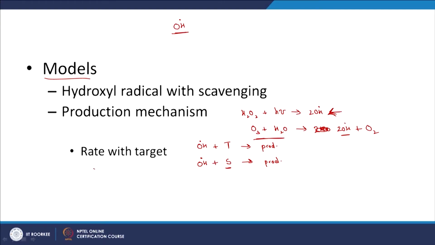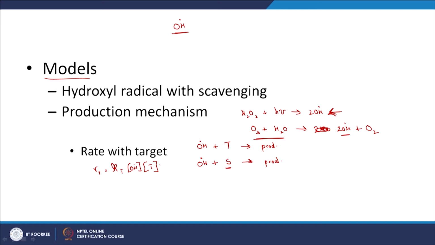Some of them would be with your target, which would be the reactions that you want to occur or promote. Some of them would be with your scavengers, which you would want to suppress. Again, the rate of the reaction with the target is equal to the rate constant times the OH radical concentration times the target concentration.